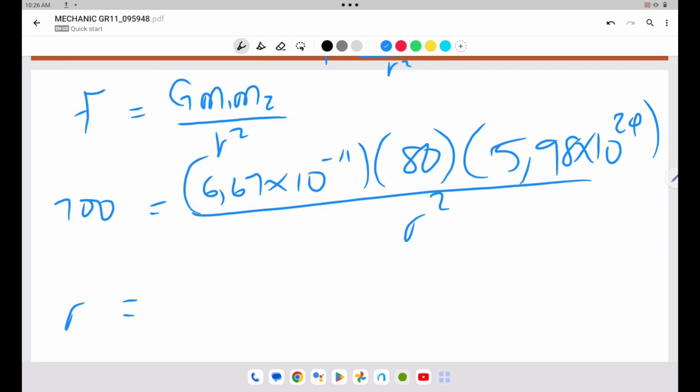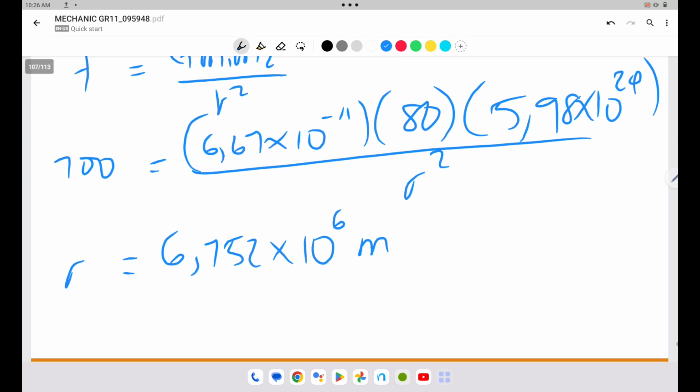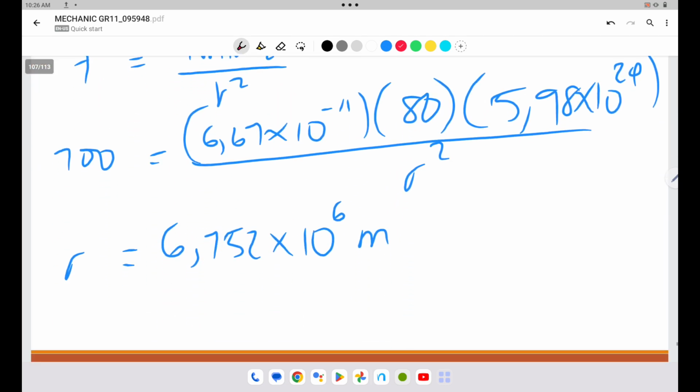you will find that r will be, let us see, just quickly grabbing my calculator, divided by, okay, so I find that this is 6,752 times 10 to the power of 6 meters. So I'm going to go back to that expression and sub this in.